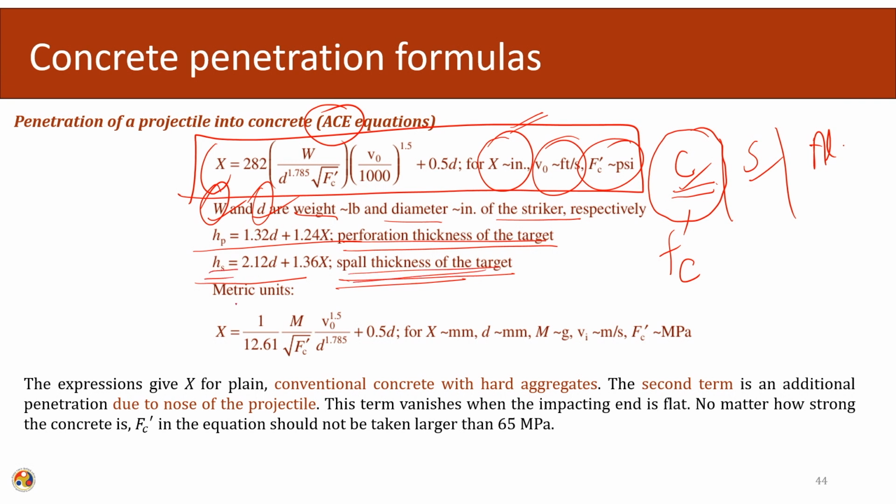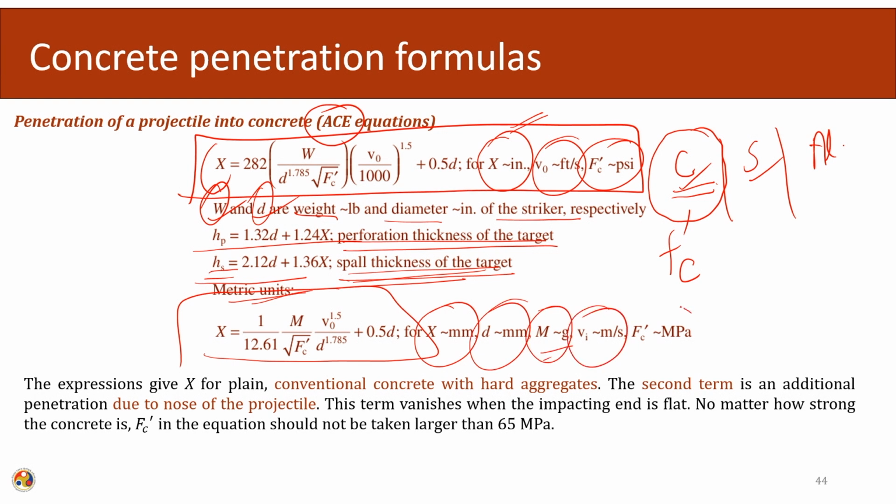If you look at the same thing in metric units, this is the equation in the metric unit where x is in mm, d is also in mm, mass is in g, velocity in meters per second, and F prime C is in MPa. The expression gives x for a plain conventional concrete with hard aggregates.